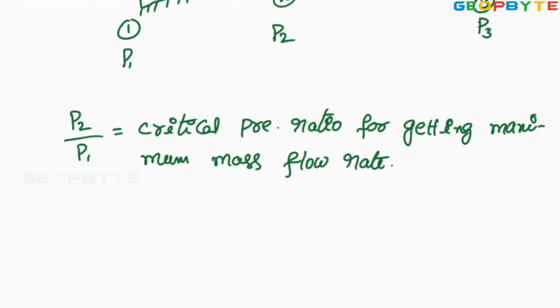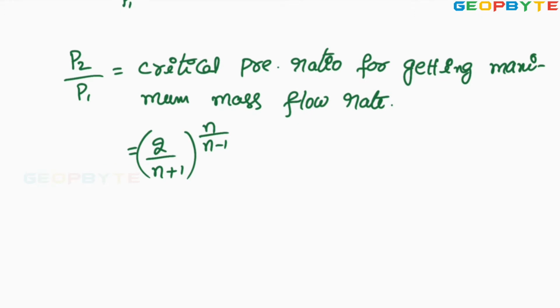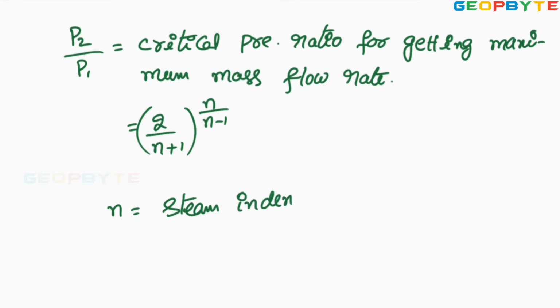this P2 by P1 is equal to (2 by n plus 1) whole power n by n minus 1, where n equals the steam index. This steam index n equals 1.3 for superheated steam.